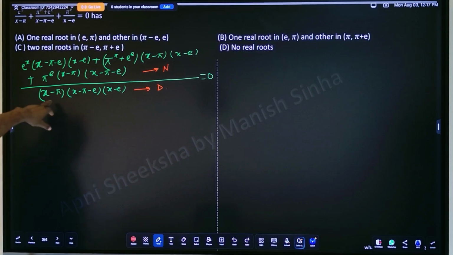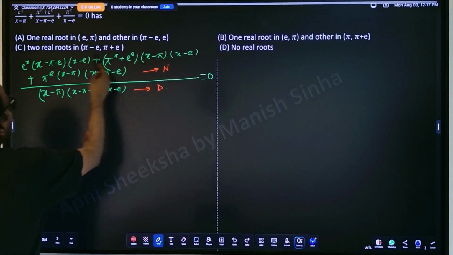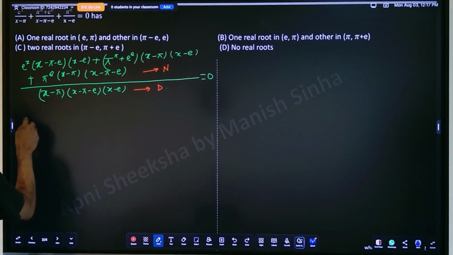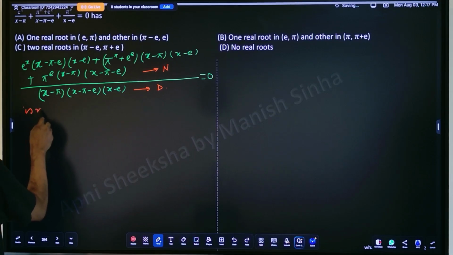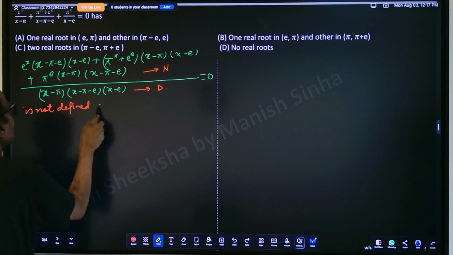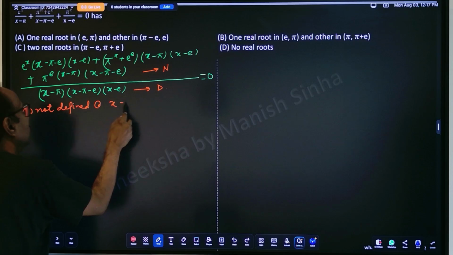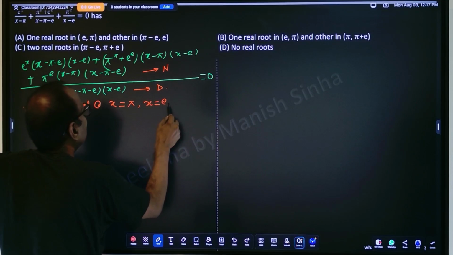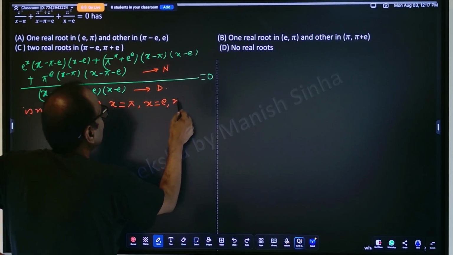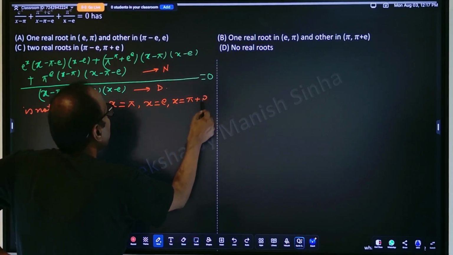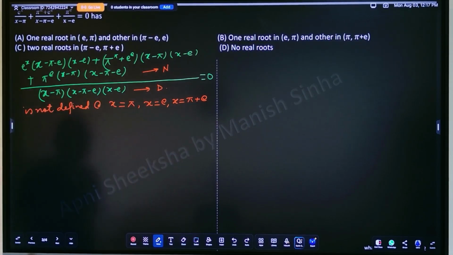From the denominator you can see this entire expression is not defined at x equal to pi, x equal to e, and x equal to pi plus e.